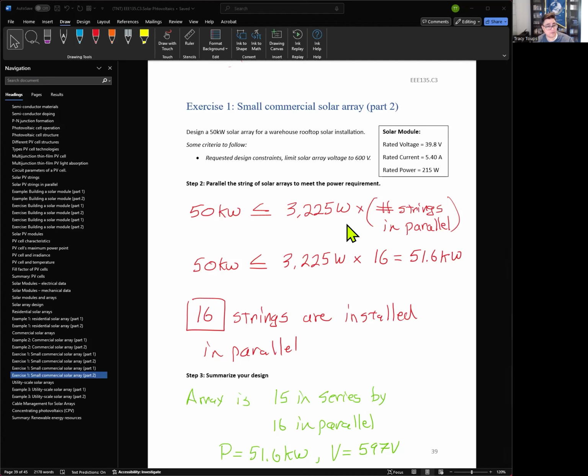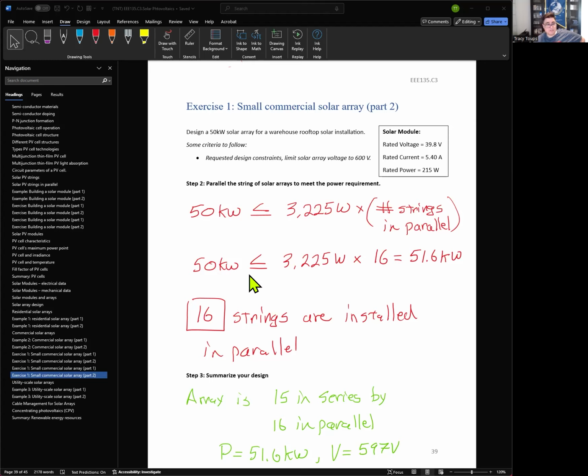Each individual string of solar modules is 3,225 watts. We have to multiply that by the number of strings in parallel to get our net power. Do a number crunch, we have to multiply by 16 to get a total of 51.6 kW, which is a little bit above our 50 kW threshold, but that's what we want.